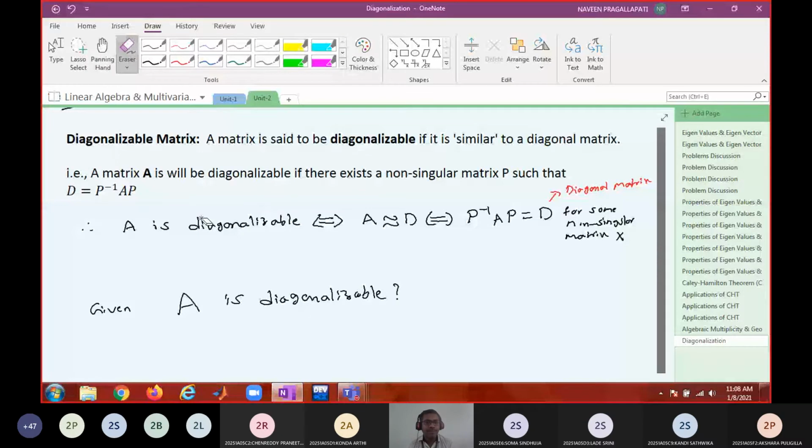So for that we have a theorem. Write down that theorem. The result.